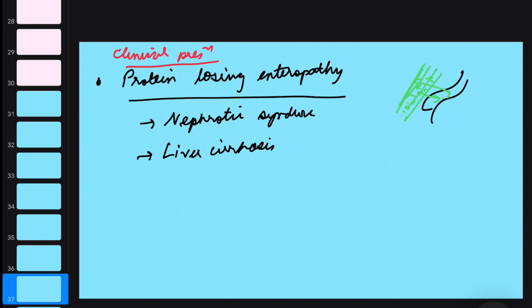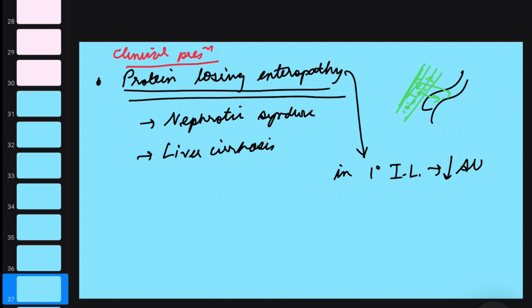What is the difference? In the protein losing enteropathy of primary intestinal lymphangiectasia, we are losing both albumin and globulin. Very important. So this is hypoalbuminemia along with hypoglobulinemia.